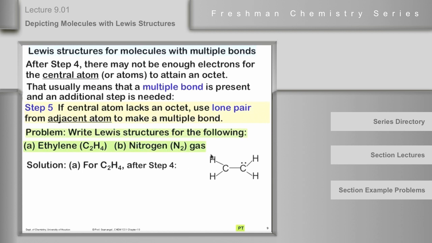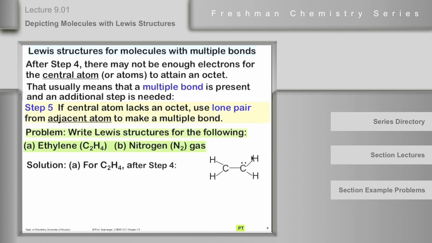By the time you get to the last step 4, you have 1 pair of electrons that is earmarked for either of the center atoms here. But you don't have enough for each one of them to have the pair of electrons. So you get something that looks either like this or with this pair on this carbon over here.